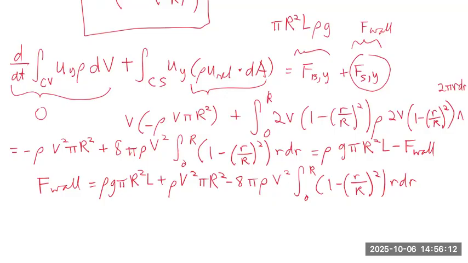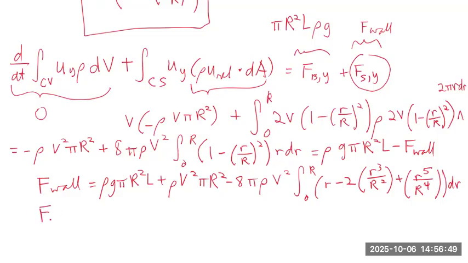And actually, we can further simplify this expression inside to be r minus 2 times r cubed over R squared plus r to the fifth over R to the fourth dr. Simplifying this further, I'm going to speed up the process now.